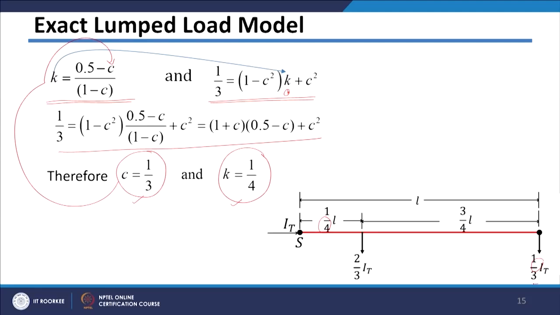So 1 by 3 IT is lumped at the end, meaning the remaining 2 by 3 IT should be lumped at this location, and the distance of this location is given by this, that is 1/4 of the length. We have to lump this 2/3 load, and then at the end we have to lump this remaining 1/3 load.